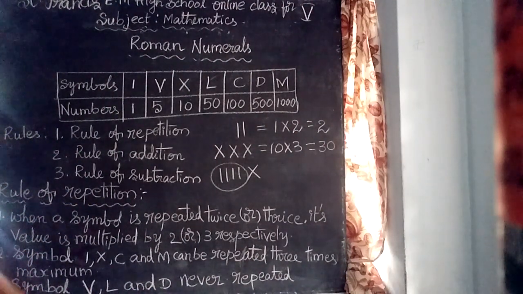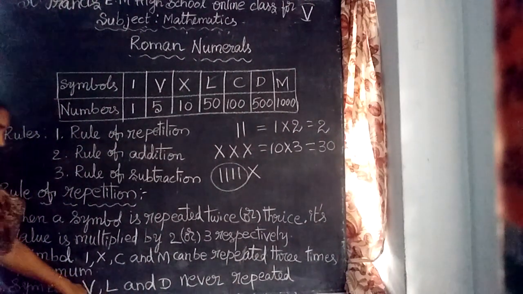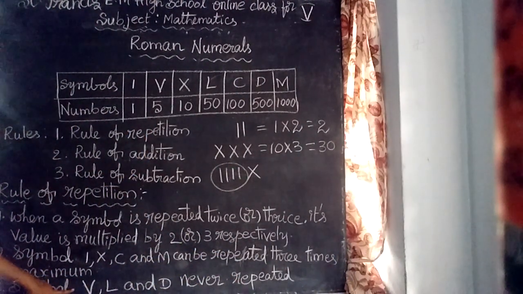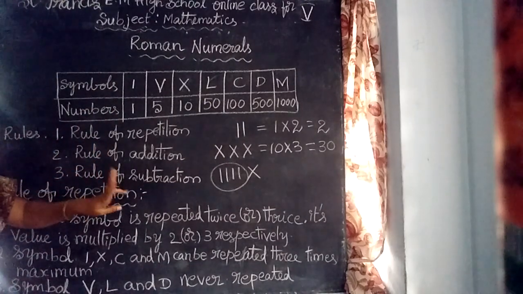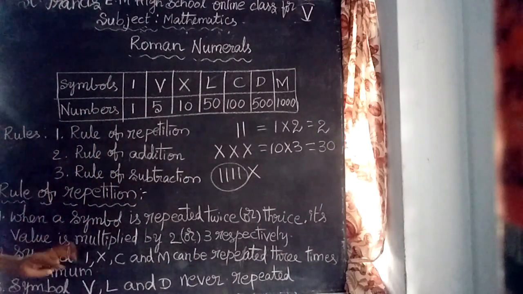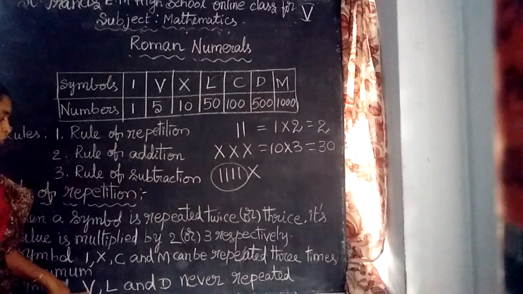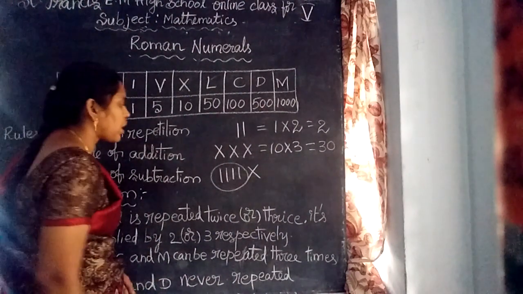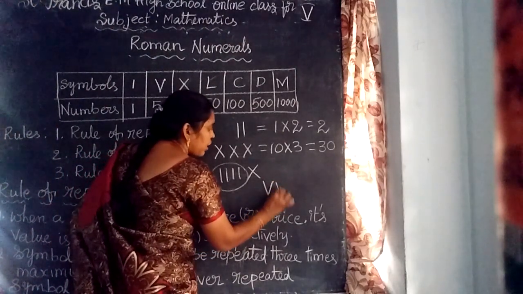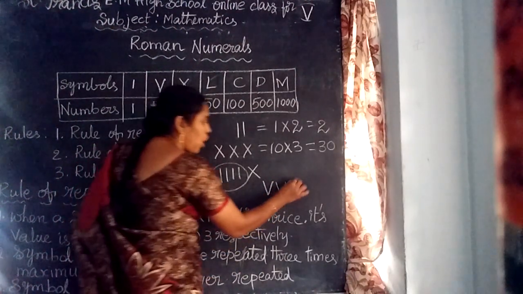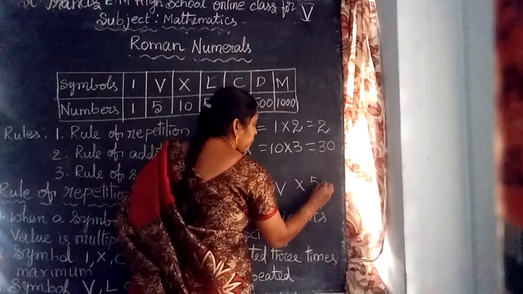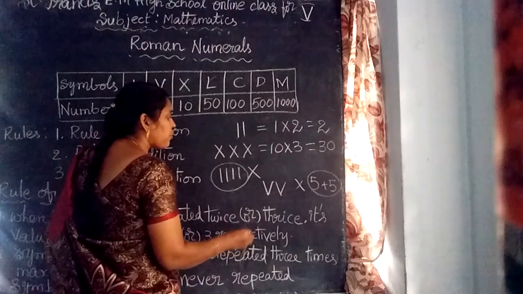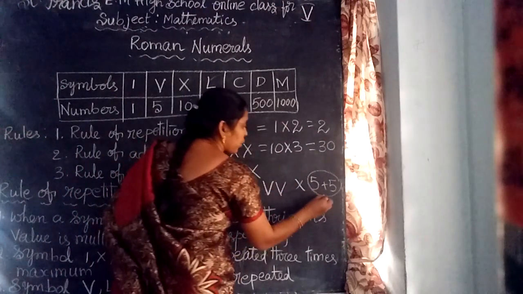And another one, symbols V, L and D are never repeated. Out of 7 symbols, 4 are repeated and 3 are not. What are those non-repeated symbols? V, L, D. Why are these symbols not repeated? Suppose V V, this is wrong. 5 plus 5 is 10.